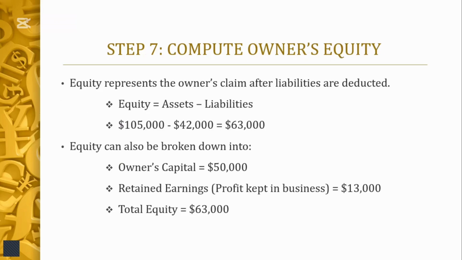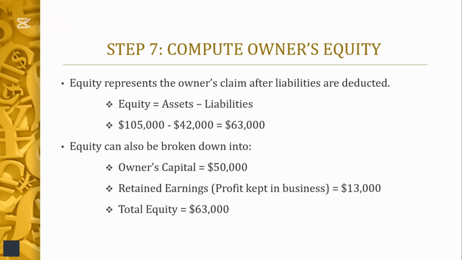We move on to computing our owner's equity section, and this represents the owner's claim after liabilities have been deducted. Now, what that means is that this is what the owner has invested into the business in terms of his own personal resources.